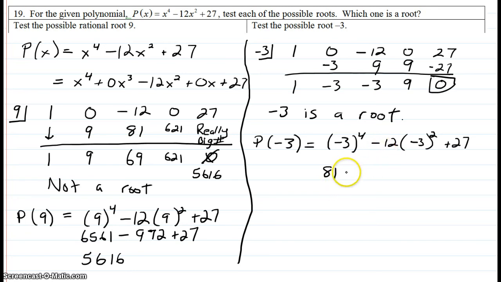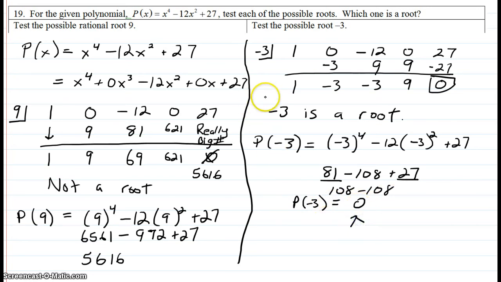And that would be negative 108, since positive times negative, and then plus 27. And so you can see that 81 and 27 make positive 108. 108 minus 108 equals 0. Just showing another way to get the same answer, that shows that that is a root. So here's my answer. Negative 3 is a root.